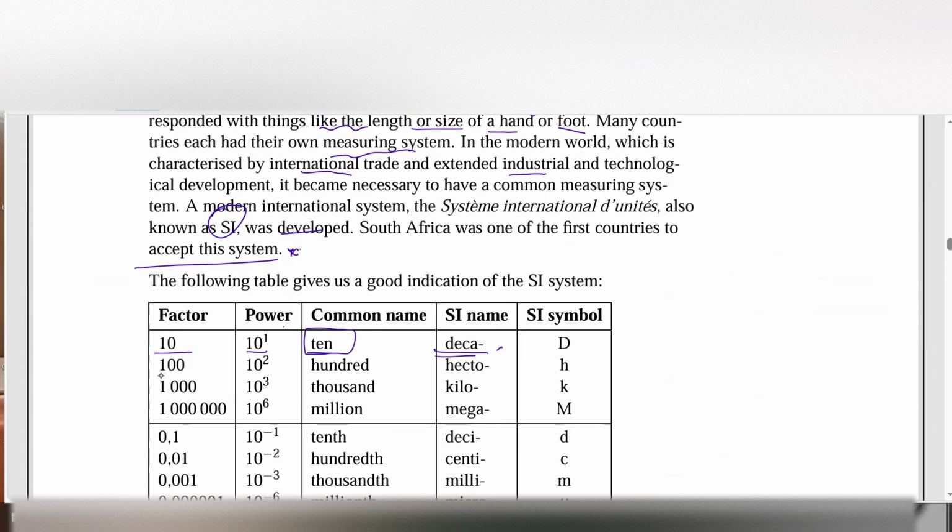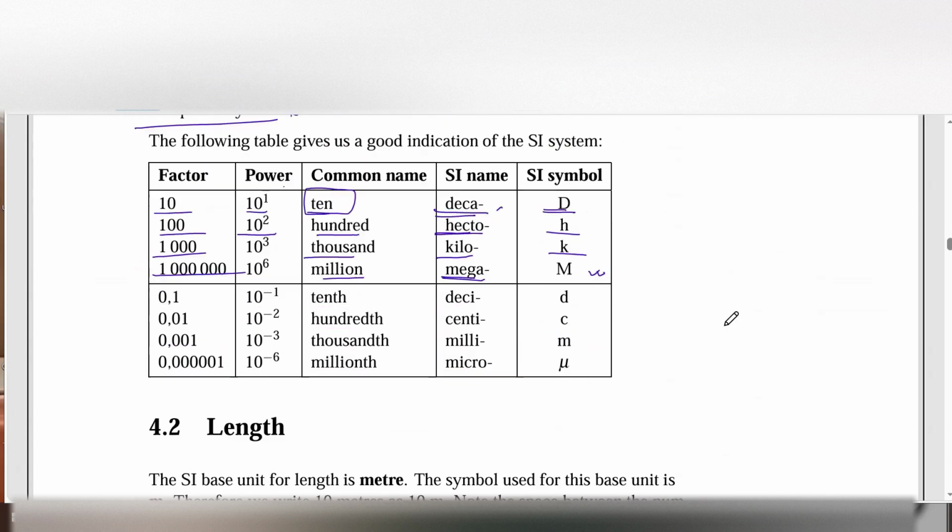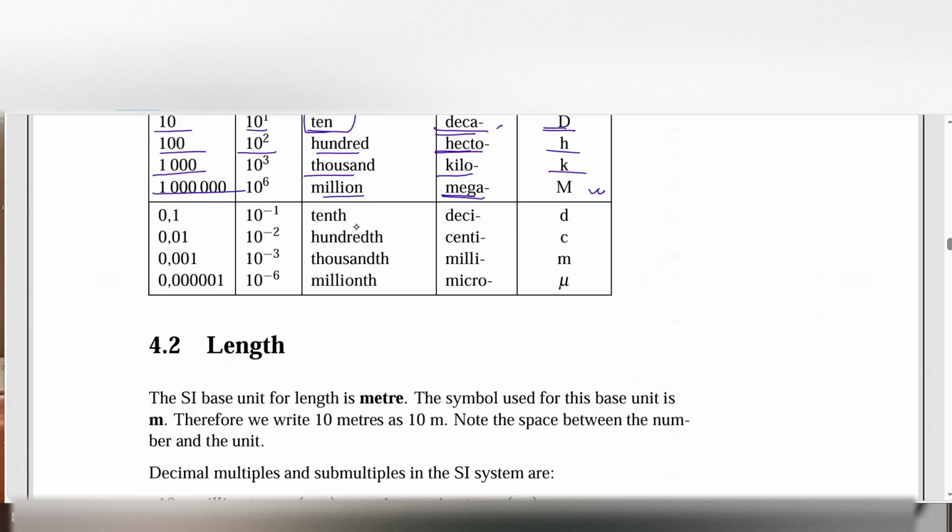If it's 100, which is 10 squared, it's the hecto. We use a small h. Deca is a capital D. And if it's 1,000, we use kilo with a small k. And if it's a million, we use mega, with a capital M. And then for smaller units, if it's 0.1, which is 10 to the minus 1, we call it a deci. If it is 10 to the minus 2, we call it a centi. And then milli as well as micro.